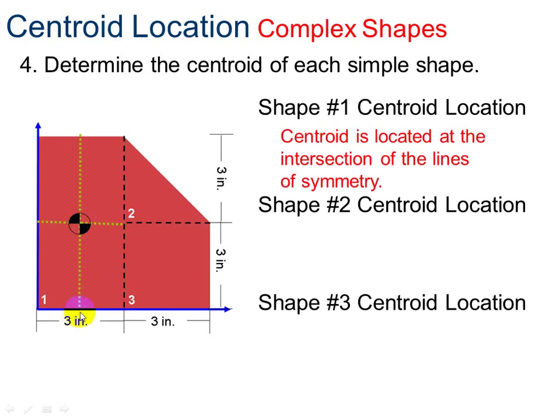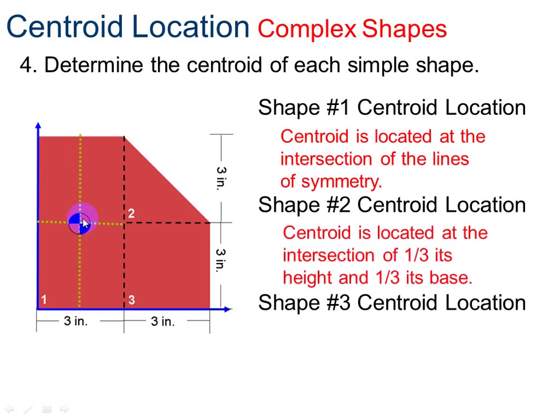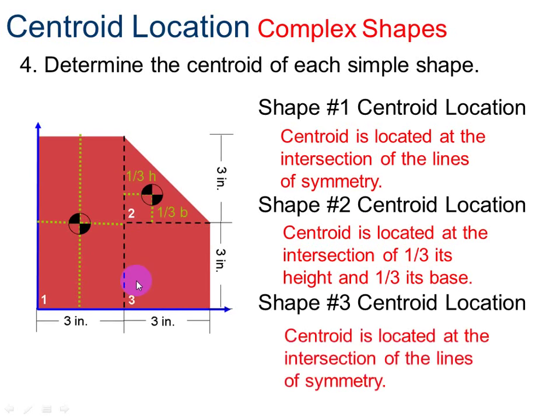So that's going to be at 1.5 and 3. For the triangle, we're going to do 1/3 of the base and 1/3 of the height. And then our location for the square, shape number 3, is going to be half of the base and half of the height again.